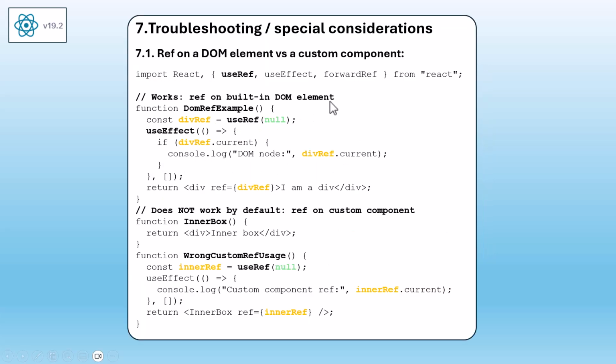7. Troubleshooting, special considerations. One notable situation: if you try to assign a ref to a custom component, rather than a built-in DOM node, and try to access some internal part of that component, you may find that it doesn't work as expected, because by default custom components don't forward refs or expose their internal DOM nodes.